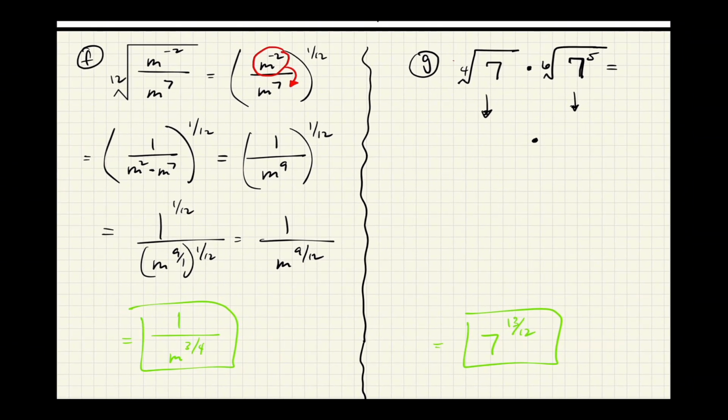Next one, we'll change it, give it a power. No roots. So this is 1 over 4, and this is 5/6. Well, from there, it's just rule number 1: add the powers.